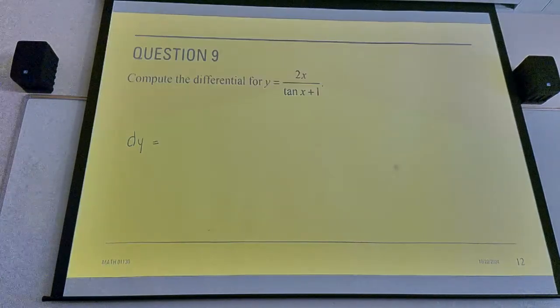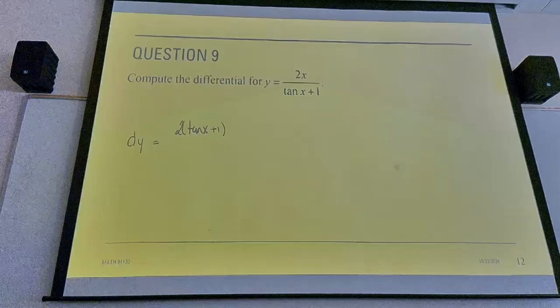What is dy? This one's fun too. Tan x plus 1 times 2 minus 2x.